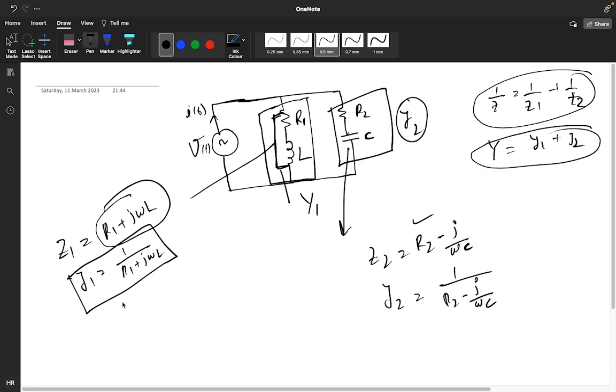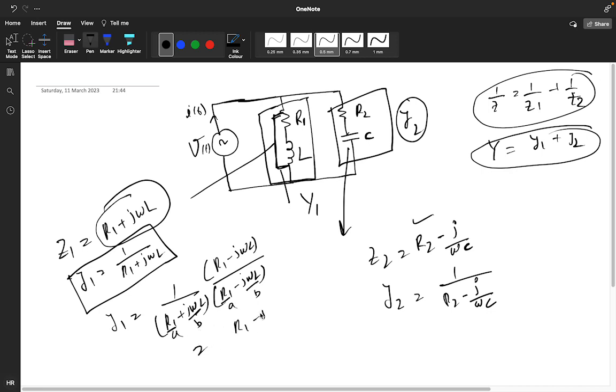So guys, if you want to bring this j omega L, the imaginary part, upside, what you have to do? 1 divided by R1 plus j omega L, multiplied by R1 minus j omega L upside and R1 minus j omega L downside. So this is a, this is b, this is a, this is b. So a square minus b square formula.